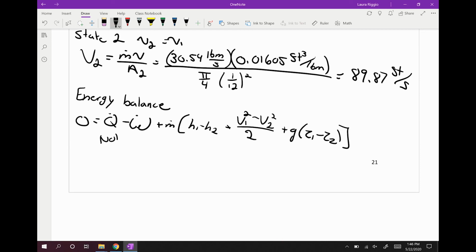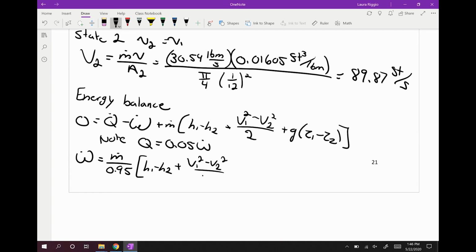And we're going to note that Q is equal to 0.05 W. So our work is equal to our mass flow rate divided by 0.95 times our change in enthalpy plus our change in kinetic plus our change in potential.